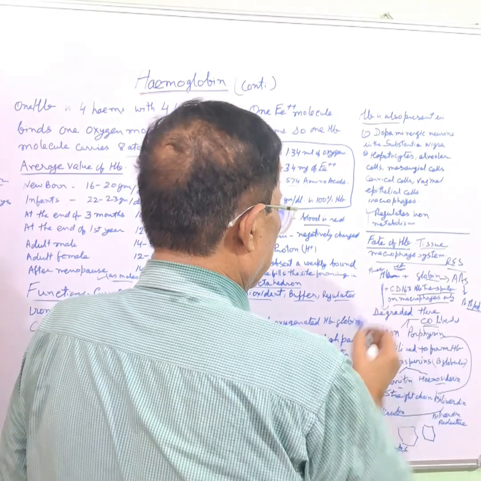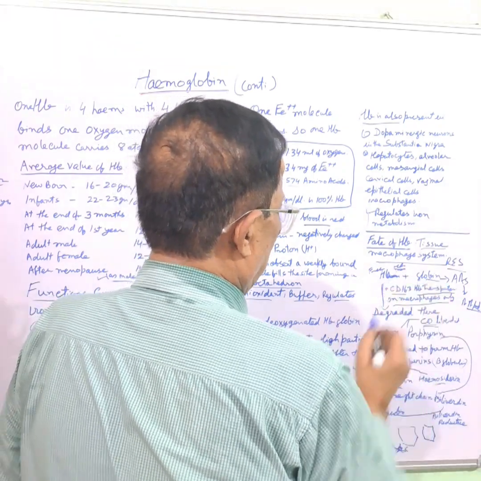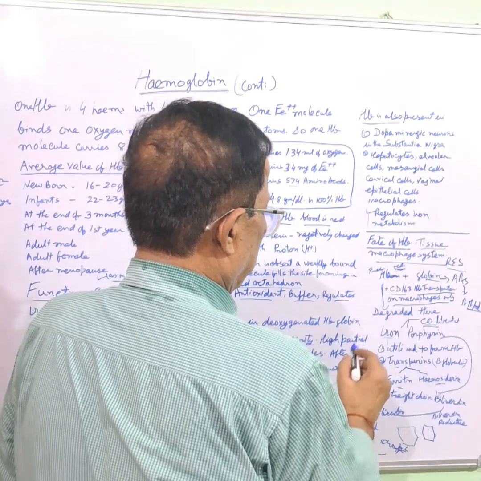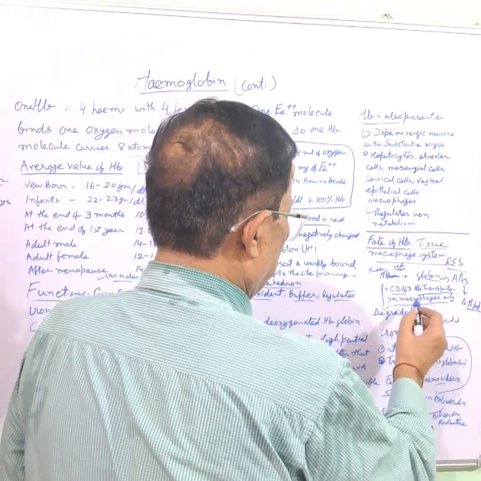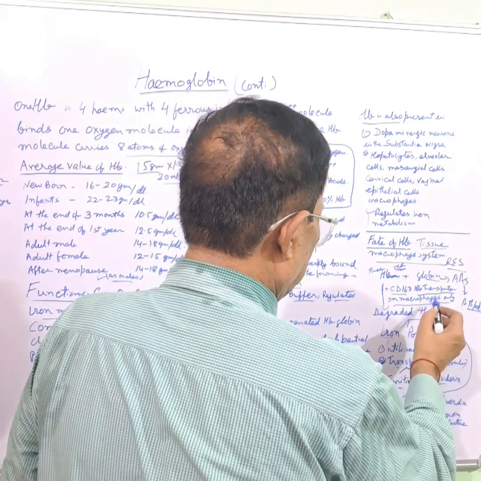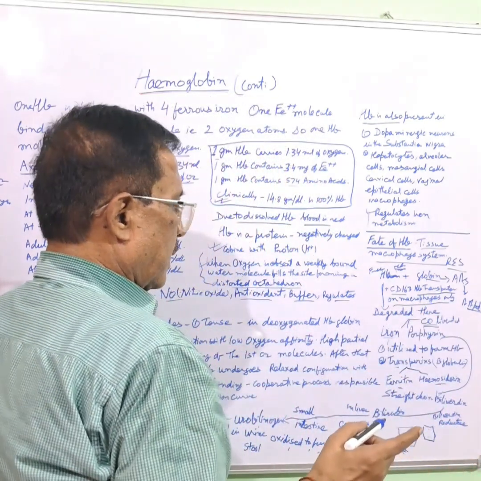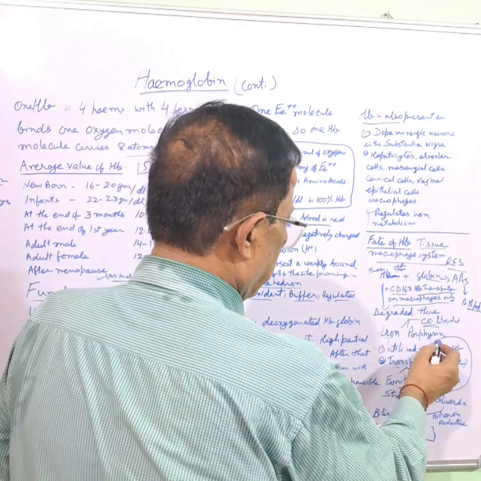This hemoglobin is broken into heme and globin. Heme is carried to the CD163 hemoglobin transporter, present only on the macrophage, and degraded there into iron and porphyrin.